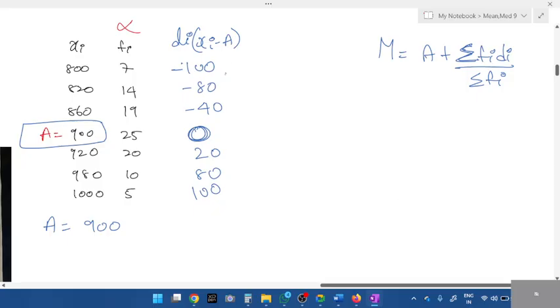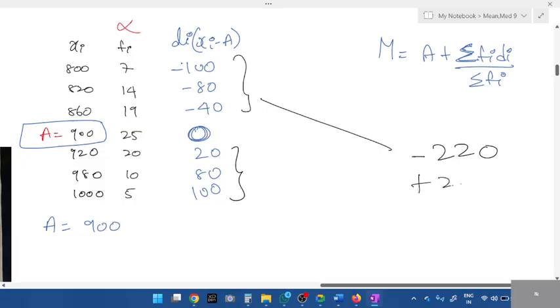Complete it. What do you get when you add, students? See, when you take this, add all three. What is 100 plus 80 plus 40? 220. Along with the minus sign, minus 220. Next, tell me the next one. 200.